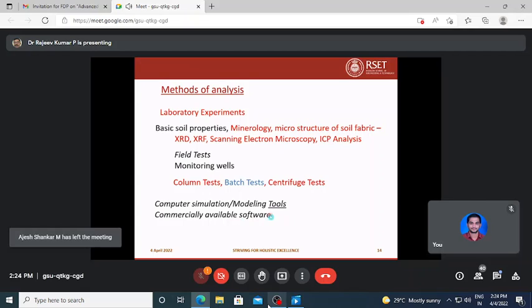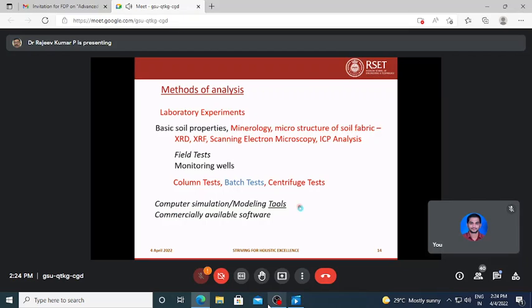Okay. So another one in the lab which we can adopt is the column test. Conventionally we can do the column test. That's not an expensive one. And with very few samples we can conduct the batch test. And another one which I am talking about in this talk is the centrifuge test. And there are many commercially available softwares used for modeling and simulation.